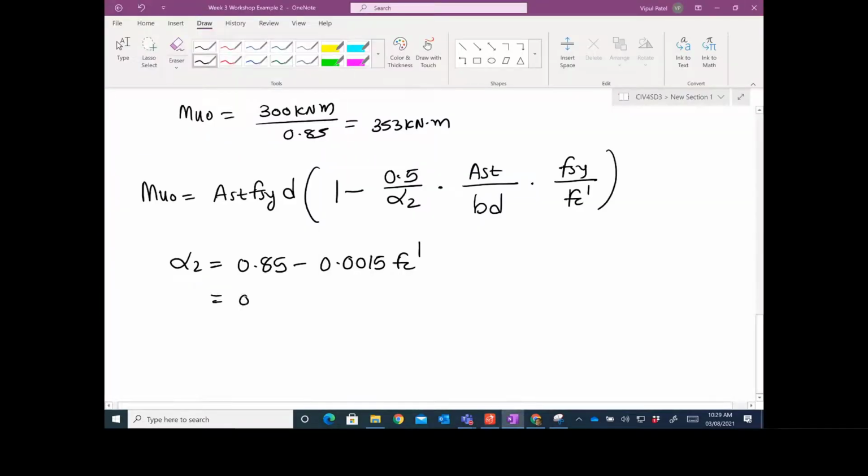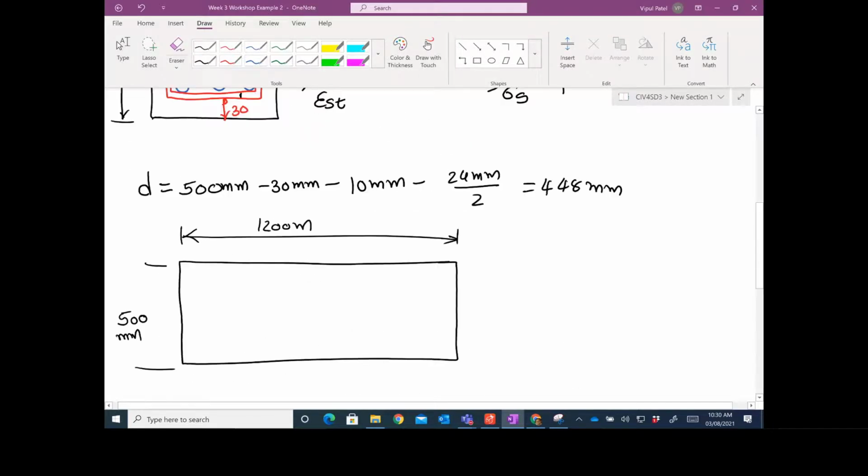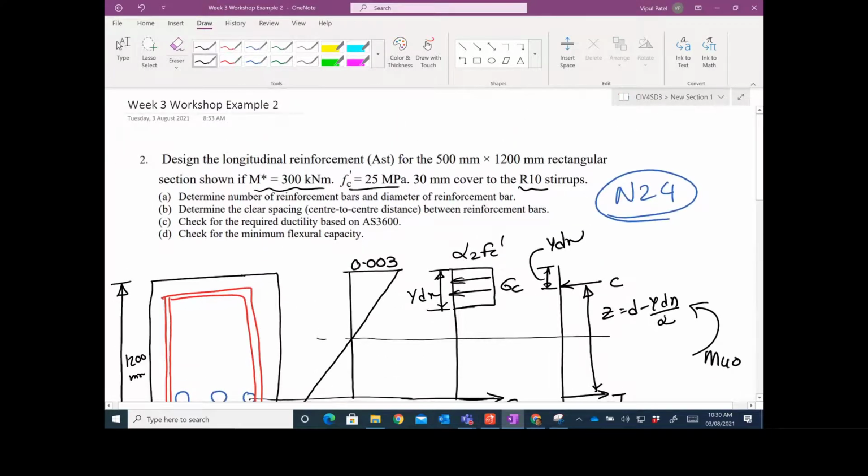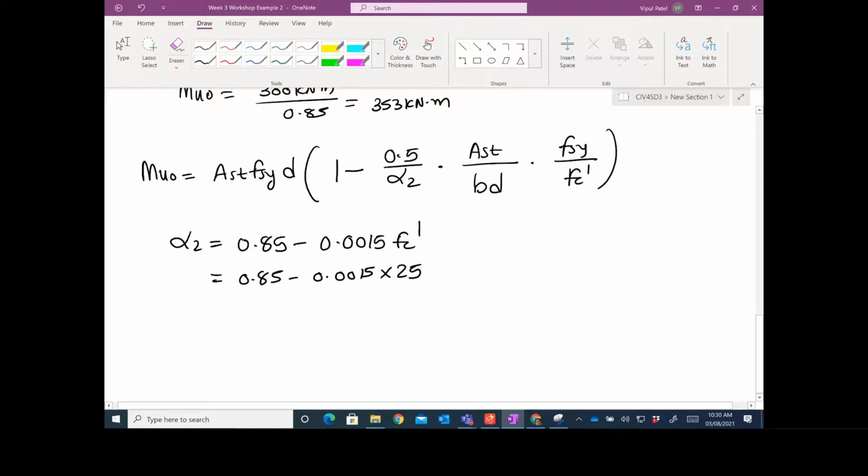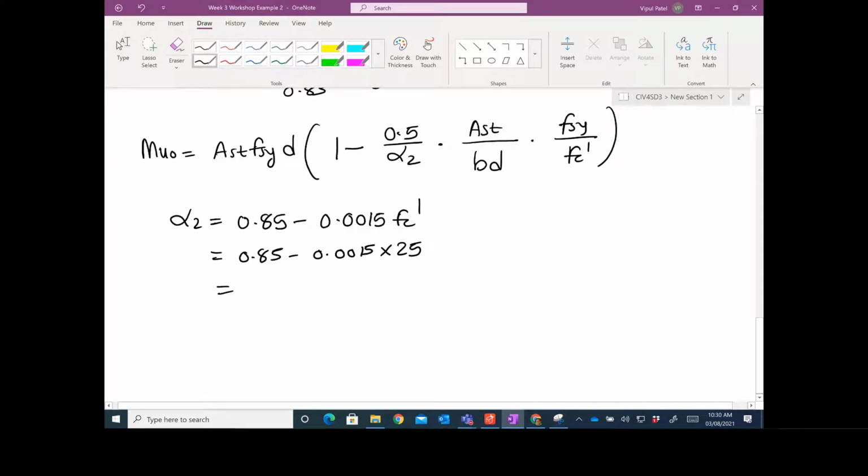So 0.85, take away 0.015 FC dash. FC dash is given in our example as 25. I can show you that is 25. So alpha 2, by using the calculator, you get 0.8125. You remember that it should be greater than 0.67. So that is okay. I think that's the only information that we needed.